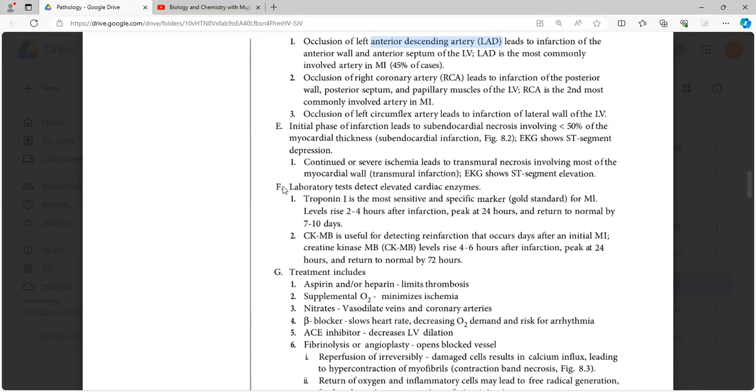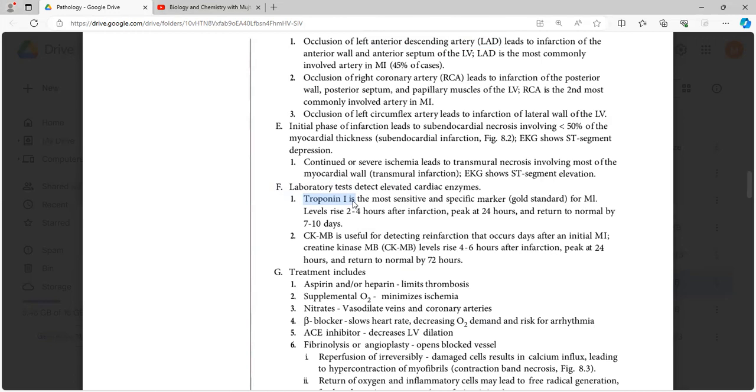Now, the lab tests. In recent times, troponin I has gained much familiarity, and it is the most suitable test because it rises early and stays for a long time. Its levels rise from about 2 to 4 hours after the myocardial infarction, and they remain elevated up to 10 days.